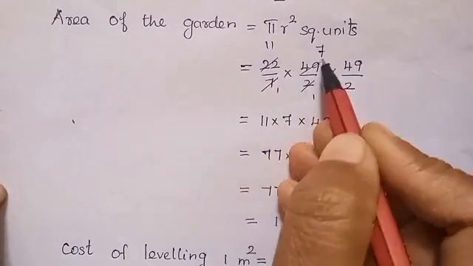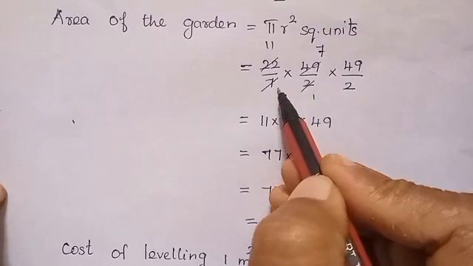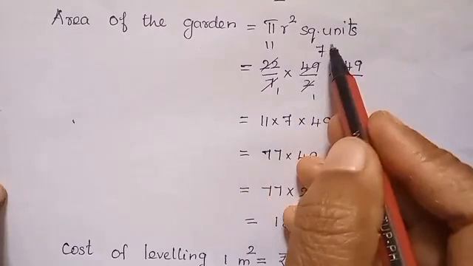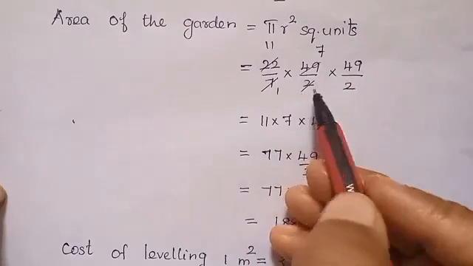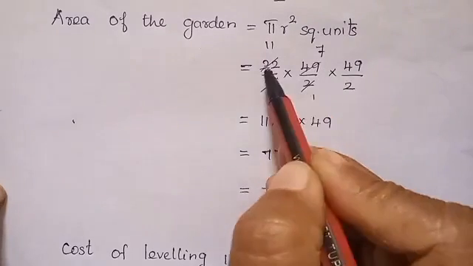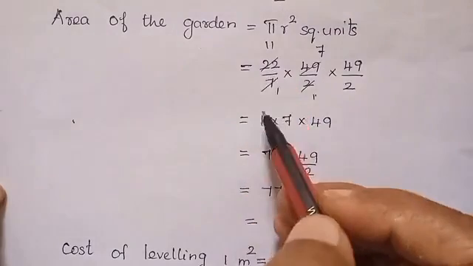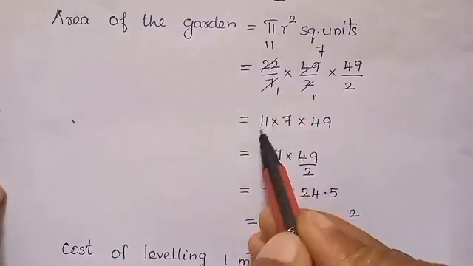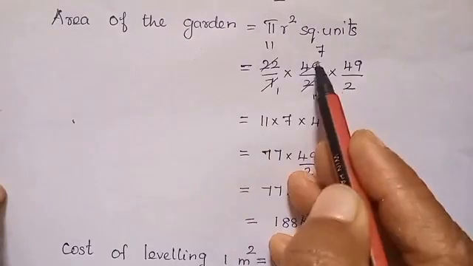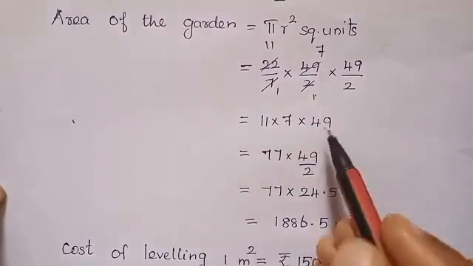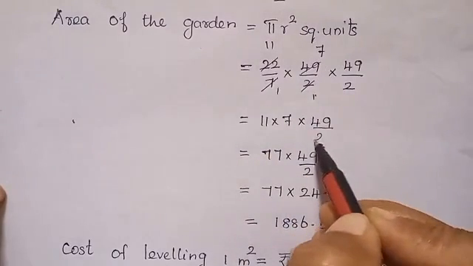See, 7 and 49. Here 1 time, here 7 times. Next, cancel 2 and 22. 1 time 2, 11 times 22. Okay, what is remaining now? 11 into 7 into 49 divided by 2.